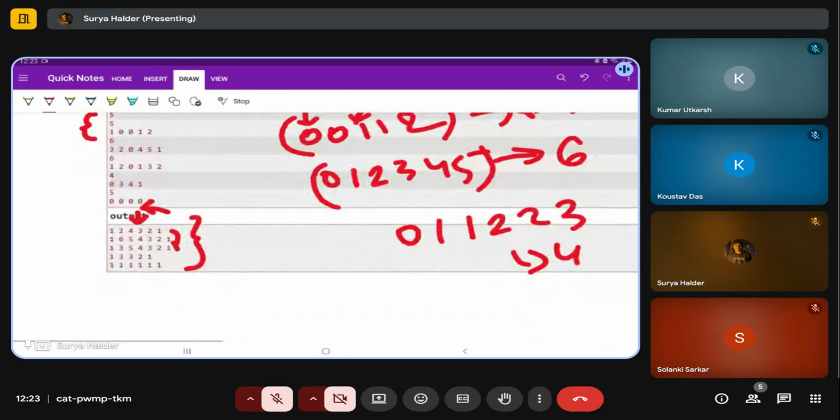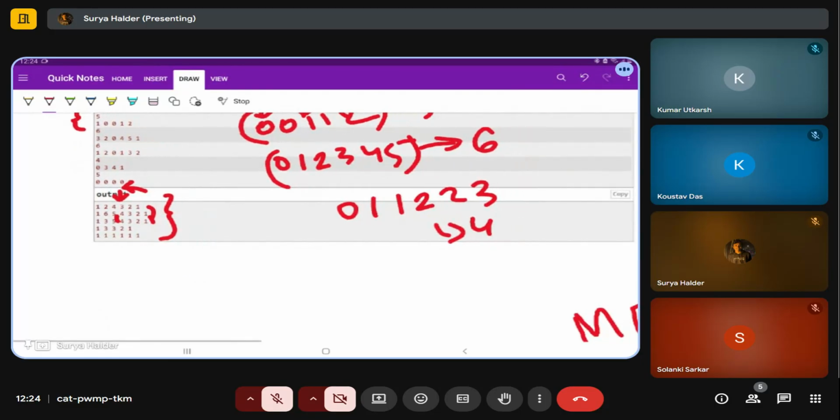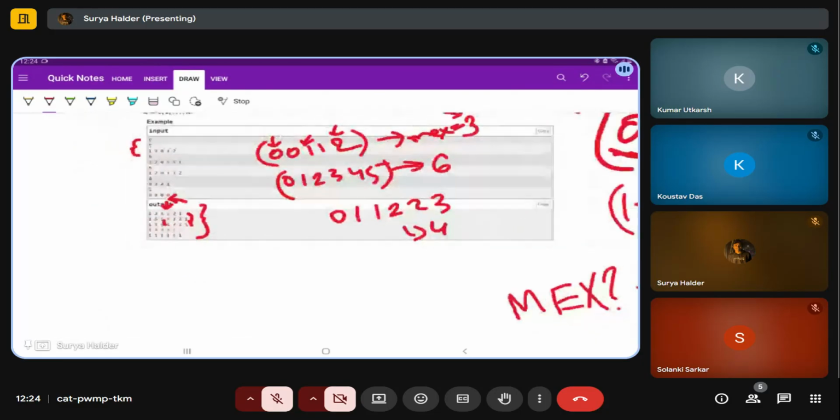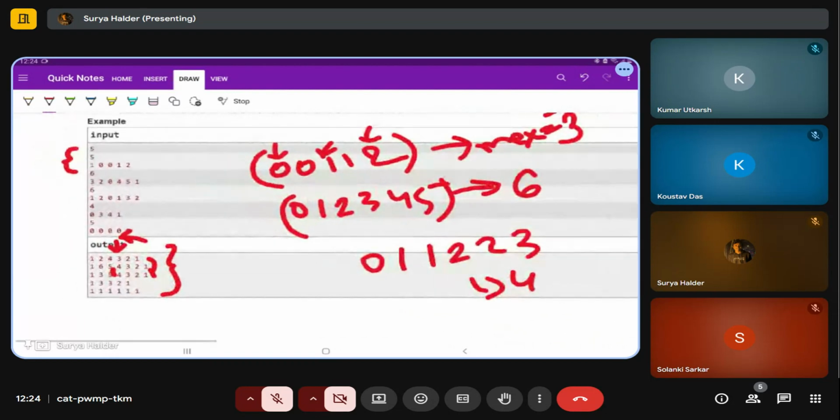After that, the left part, what I am doing, consider for a later discussion. After that, another example. 0, 1, 3, 4 only. 2 is not present. So the mex of this is 2.